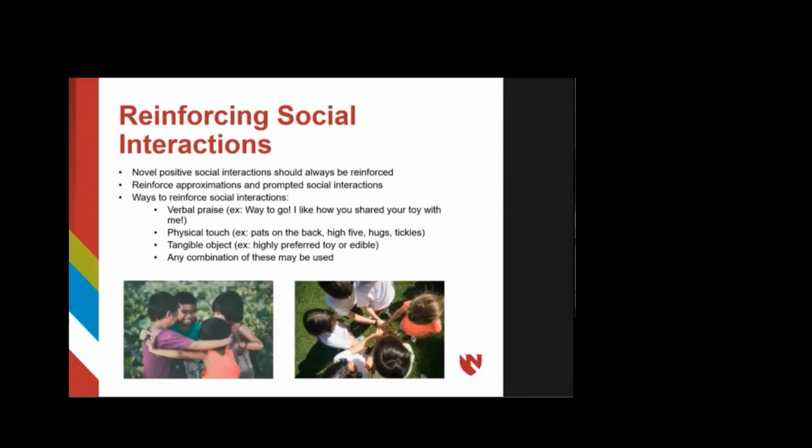There's verbal praise. This would be saying something like, "Way to go, good job, I like how you shared your toy with me." There's physical touch, and this would be pats on the back, hugs, tickles, high fives. And then there's tangible objects, and this would be any highly preferred toys or highly preferred food items.